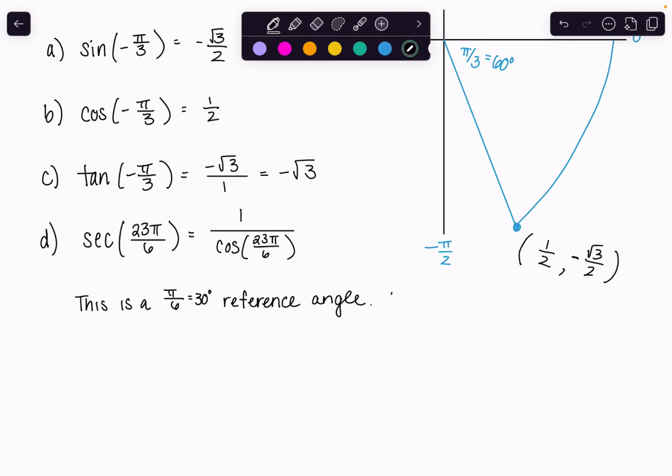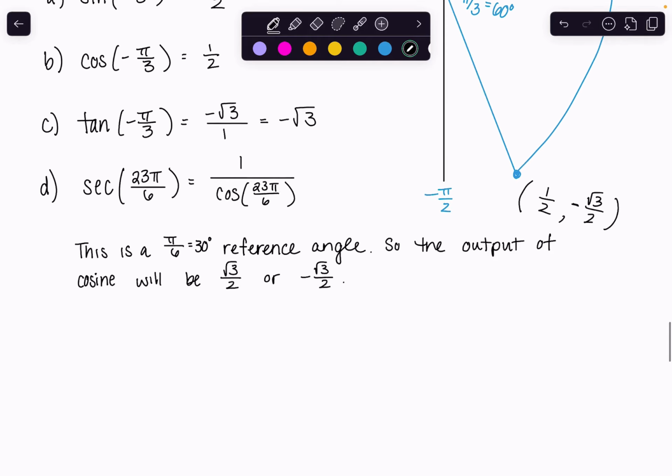Okay? So the output of cosine for a 30-degree angle will be positive root 3 over 2 or negative root 3 over 2. It just depends on which quadrant we fall in, okay?